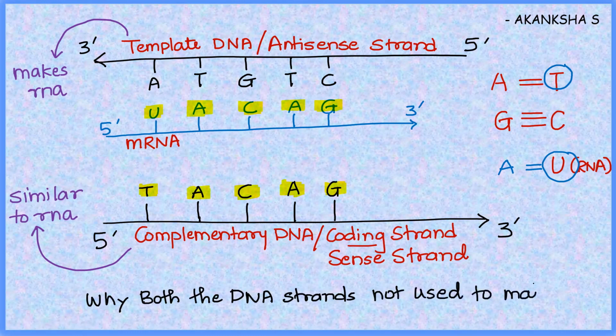Okay, now we know that both are complementary. So why not use both the strands of DNA to make RNA? Always remember that complementary does not mean same. Okay, whenever we are making proteins, always remember this.